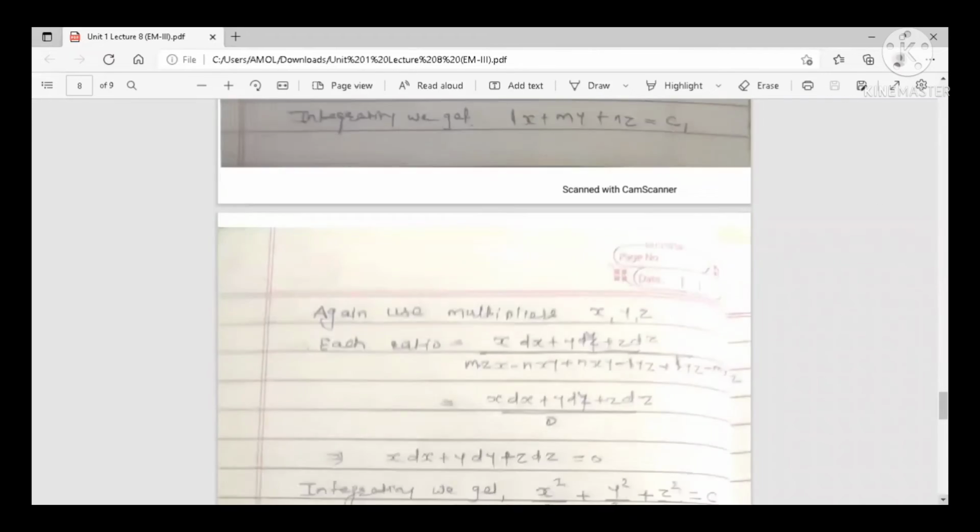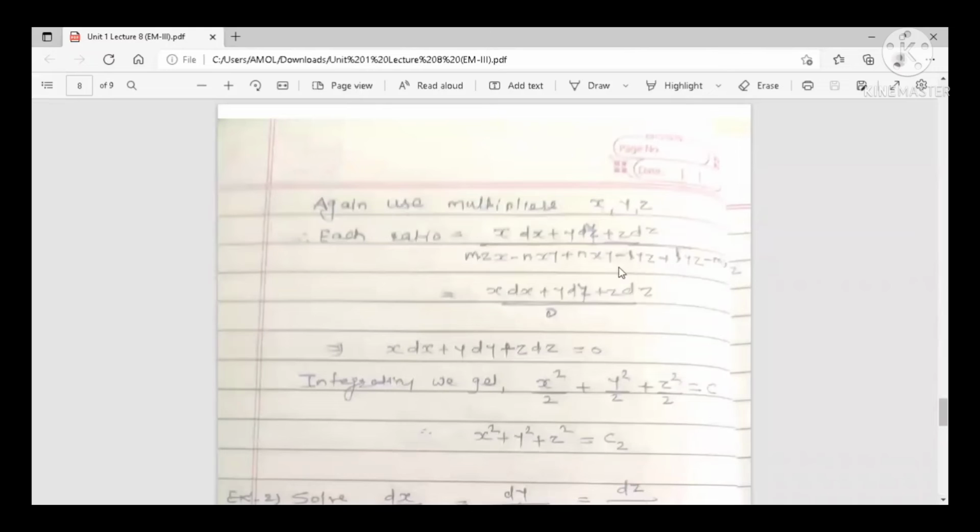The terms are like this. So mzx and the last term mxz get cancelled, minus nxy plus nxy get cancelled, minus lyz plus lyz get cancelled. So after multiplying by multipliers, if we do the addition of the denominator terms, we are getting 0.